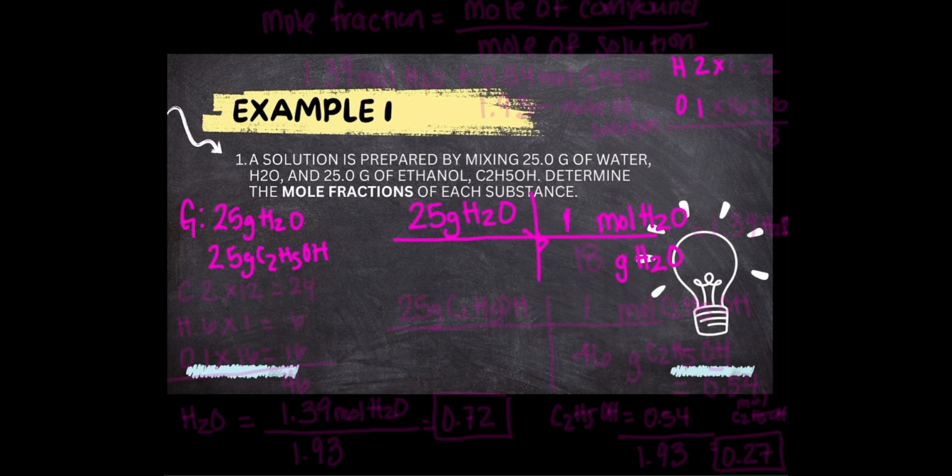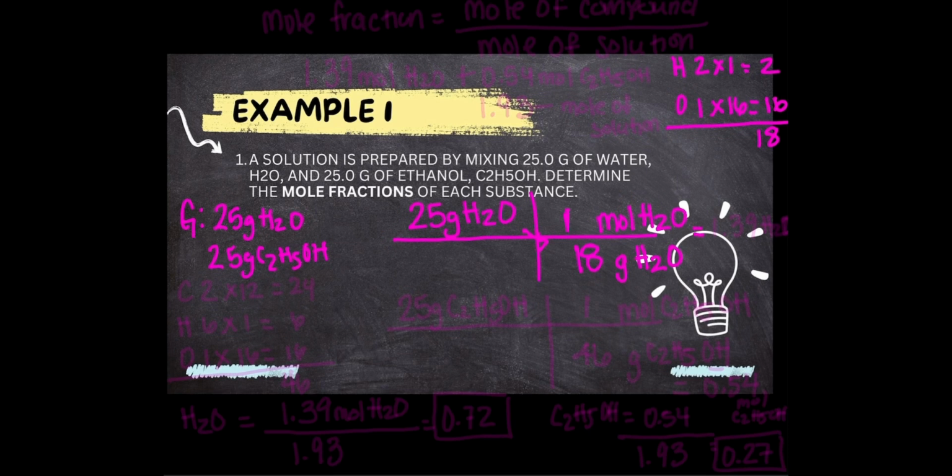I'm going to find the atomic mass on the periodic table. For hydrogen, it is 1, and for oxygen, it is 16. So 16 plus 2, once I add that up, that's going to give me 18. That is going to be my grams of H2O.